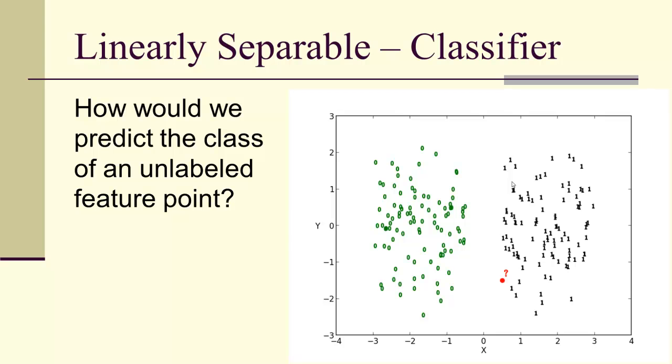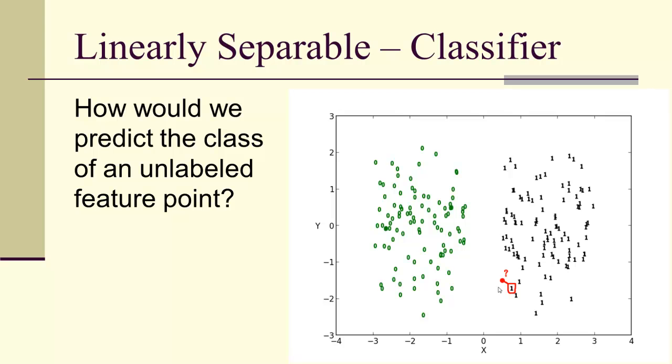That's not the only method, however. Another method we might use to predict what class the red dot is in is we notice that it's very close to something that is colored black. In particular, we can look at all of the points and find that the point that's currently unlabeled is closest to a black.